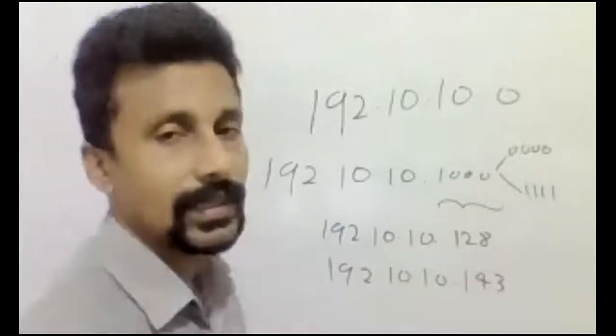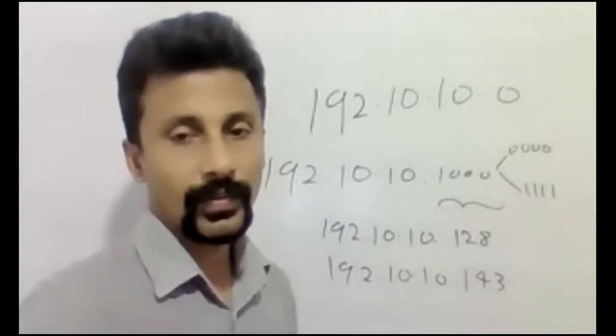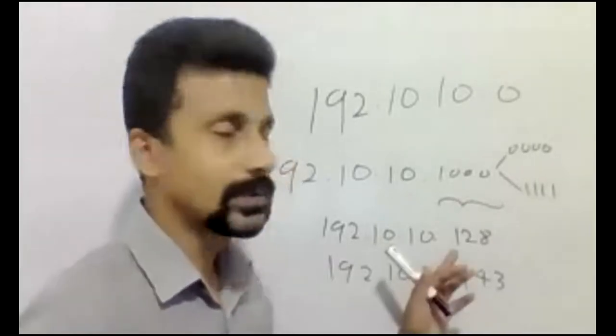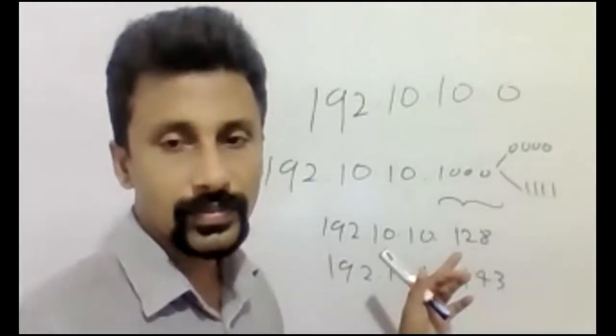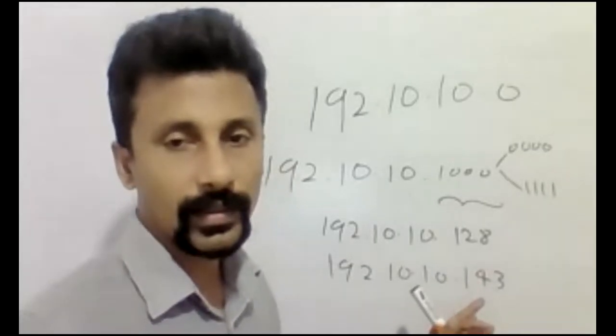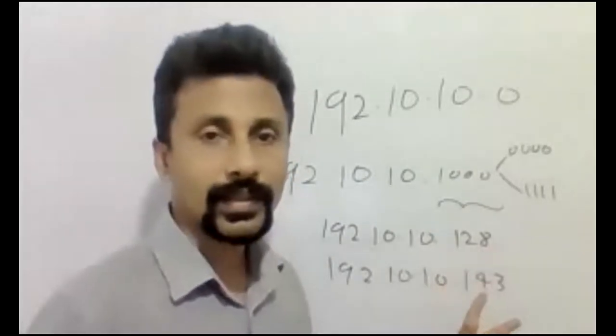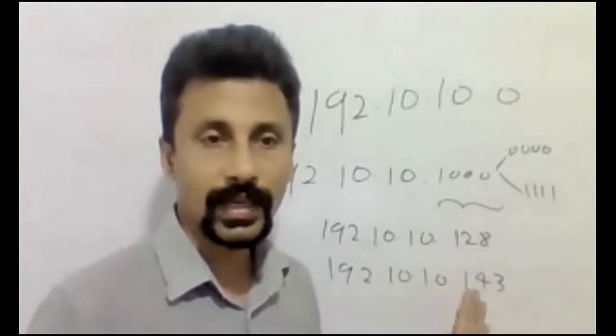But they are asking for the usable address. So when you are asking for the usable, this is the network address and this is the broadcast address. You can't take the network address and broadcast address because they are asking for the usable.